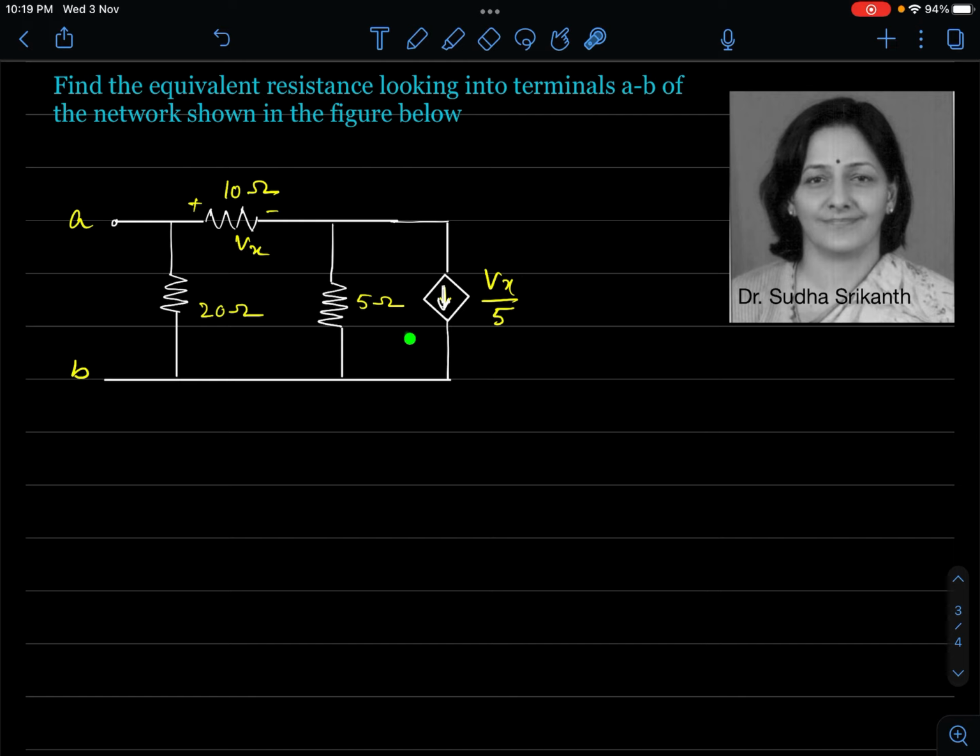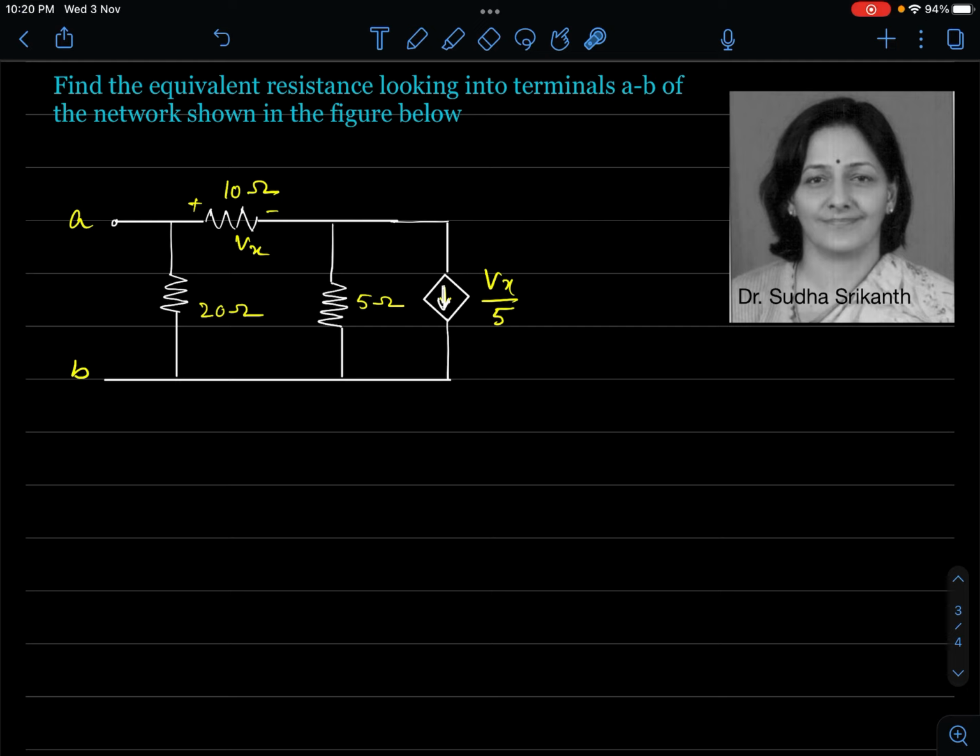What is the magnitude of the dependent source and what is the type of dependent source we will try to identify. Okay, so strictly speaking, this network doesn't have an independent source, right? There is no independent source. So without an independent source, there is no circulation of current in the circuit, right?